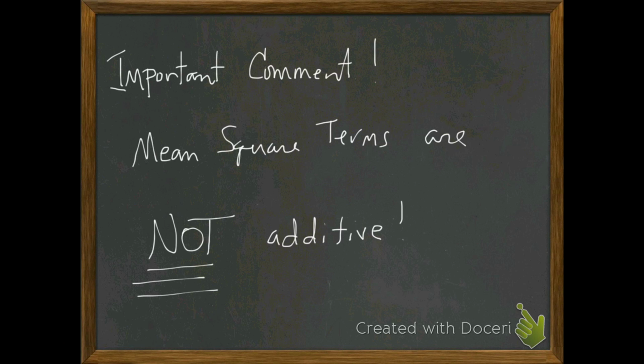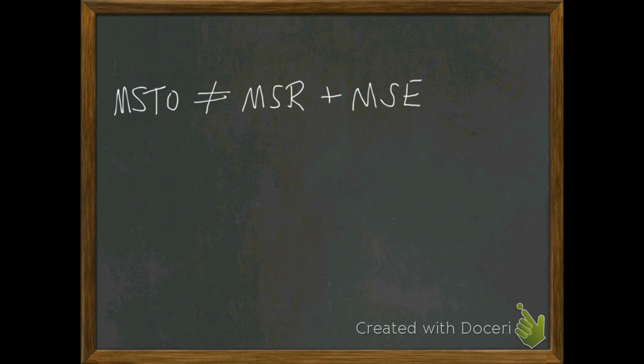Degrees of freedom are additive. Sum of squares are additive. But the mean square terms are not additive. So what I mean by that is the mean square for the total will not be equal to the mean squares for the regression plus the mean squares for the error.